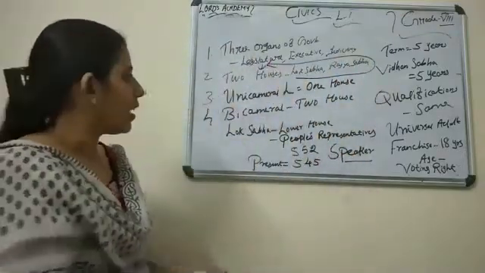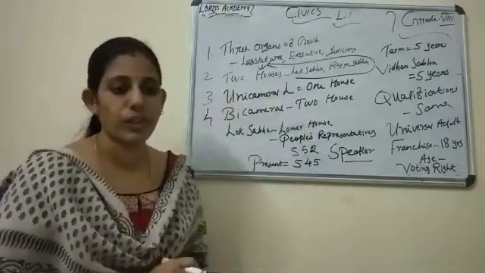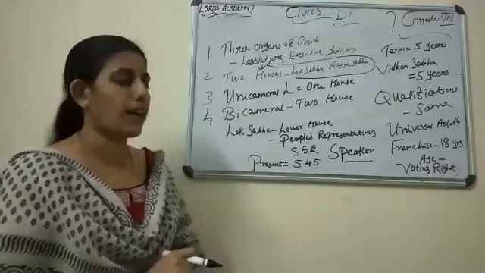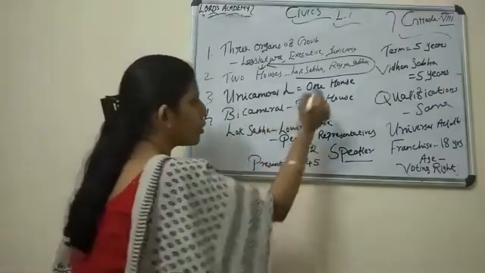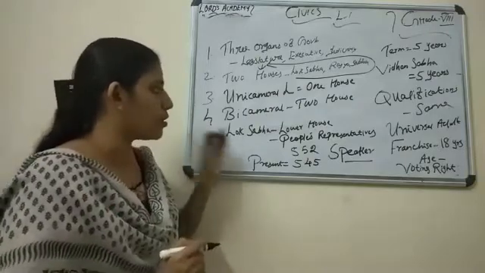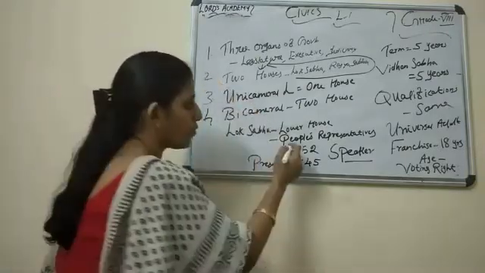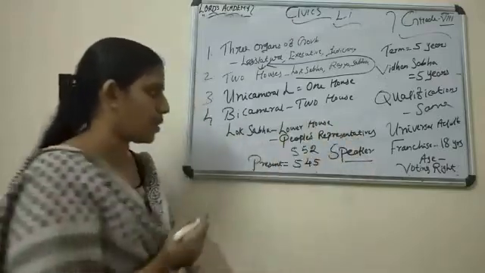Unicameral means one house of legislature, and bicameral means two houses. Lok Sabha is also known as the lower house of the Parliament, and it is also referred to as the people's representative.